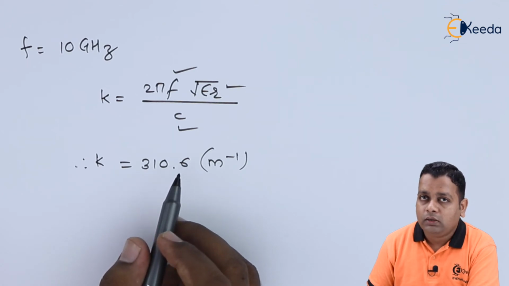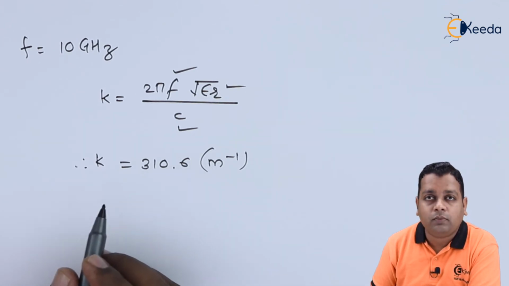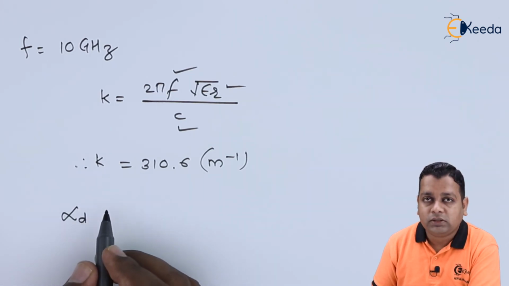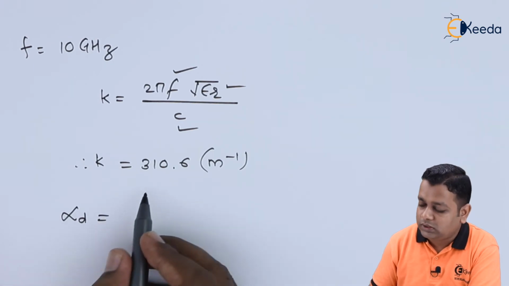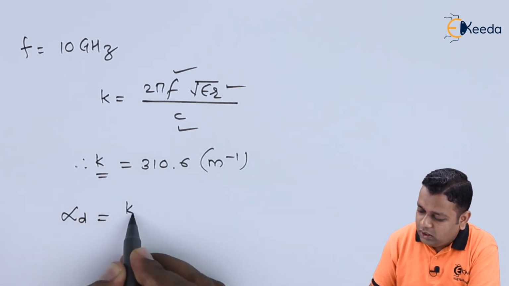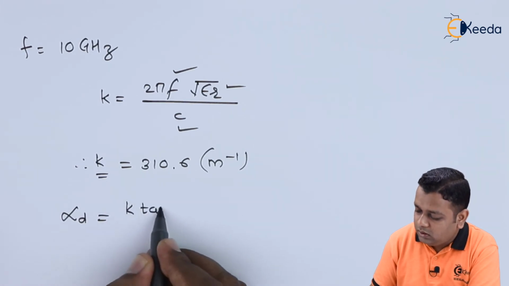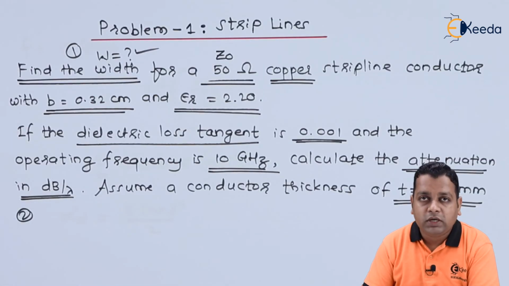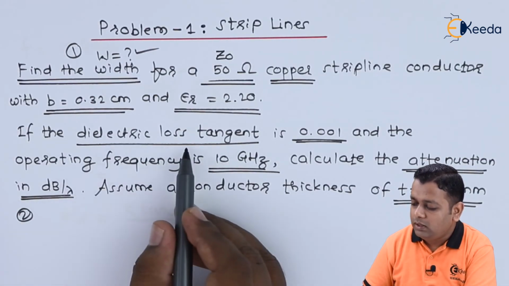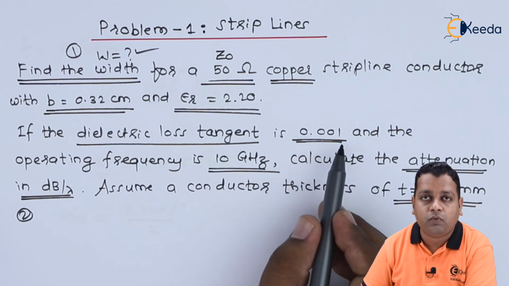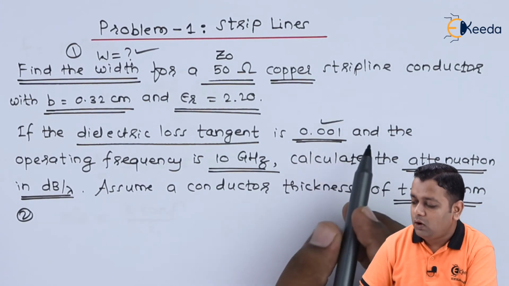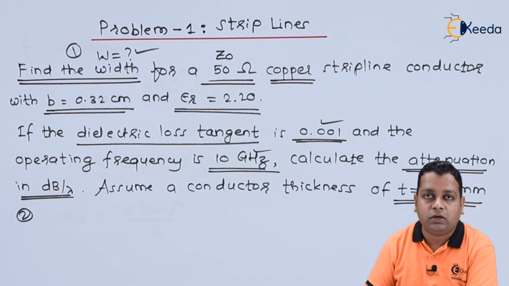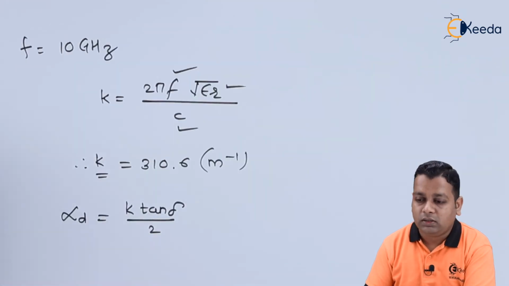Now we require the value of the dielectric attenuation, which is represented as alpha suffix d. Alpha d is given by the wave number k into the loss tangent tan delta divided by 2. In the problem statement, the loss tangent of the dielectric is provided as 0.001. So we use this value at 10 gigahertz to determine the dielectric attenuation.